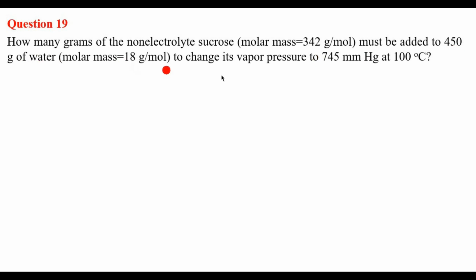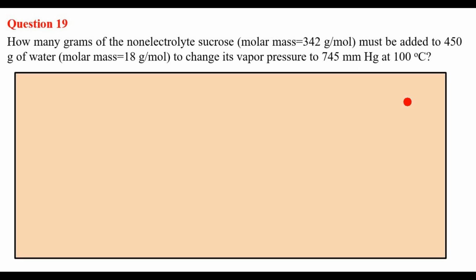They want to have a vapor pressure of 745 mm mercury at 100 degrees Celsius. They want to get this 745 mm mercury as the vapor pressure of the solution at 100 degrees Celsius. That means they are asking for the mass of the solute, the mass of the sucrose that we need to add to the water solvent, so that we can get this vapor pressure.